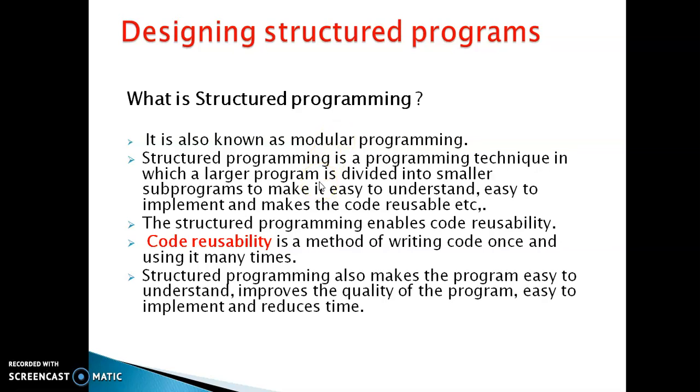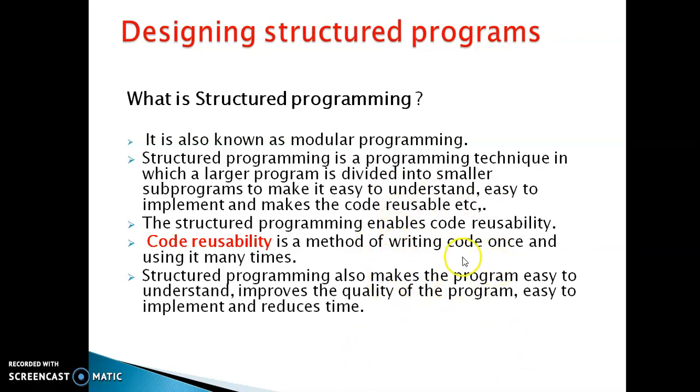It is a programming technique in which the larger program is subdivided into smaller programs to make the task easy to understand and improve the quality of the program, easy to implement, which reduces the time, and we can reuse the code. So what is meant by code reusability?